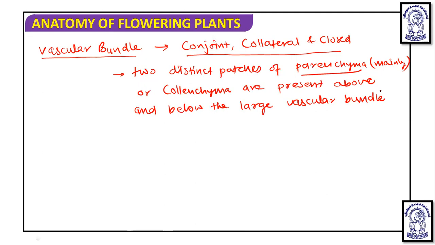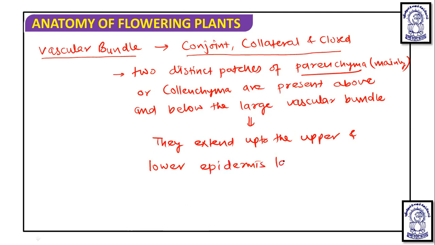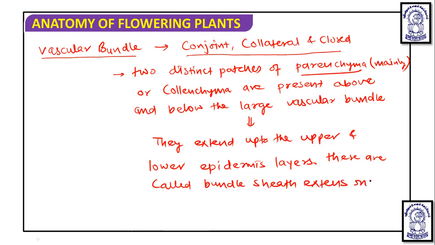Okay, and these particular cells of parenchyma or collenchyma, which are present above and below the vascular bundle, extend up to the upper and lower epidermis layers, and these are called bundle sheath extensions.